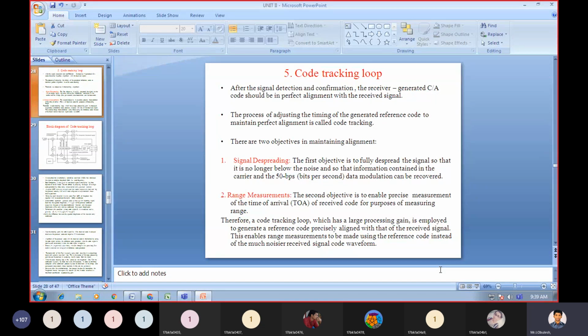Coming to the second objective, range measurements.